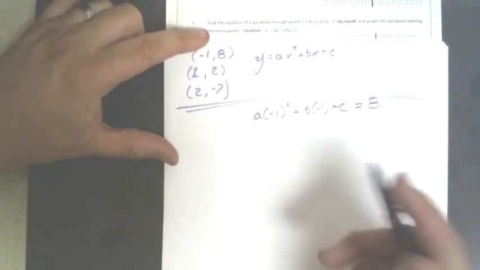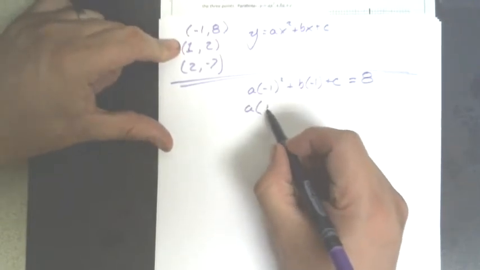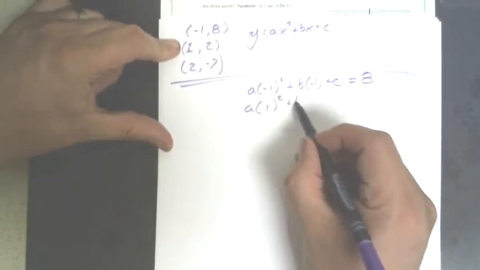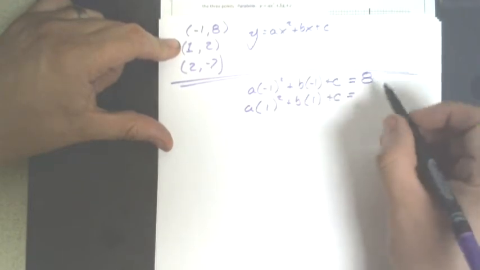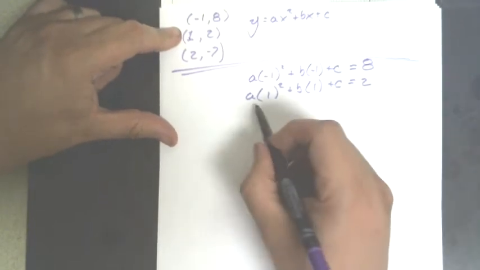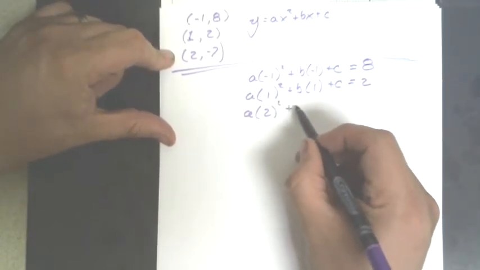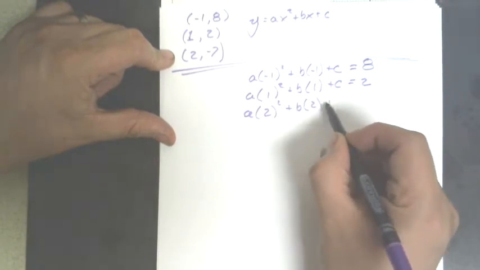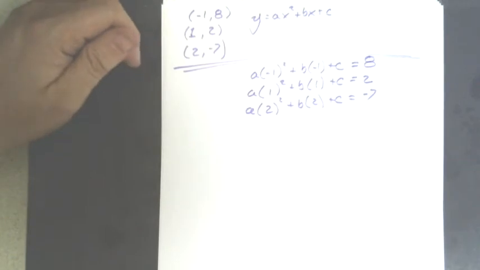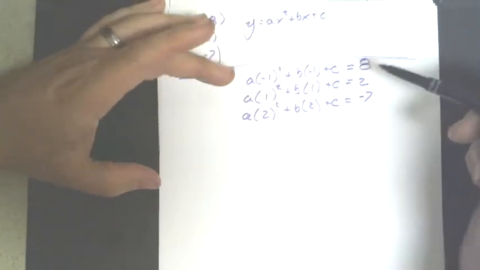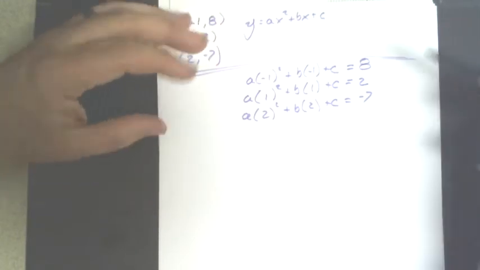I'm going to switch the order just so it looks like what we're used to. We're also told that if we let x equal 1, a plus b plus c, then y equals 2. And lastly, we've been told if that x is a 2, then that y is a negative 7. So we have 3 equations here. They're in terms of a, b, and c, but they're 3 equations with 3 unknowns.